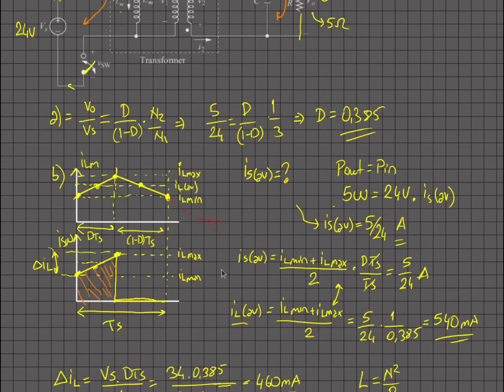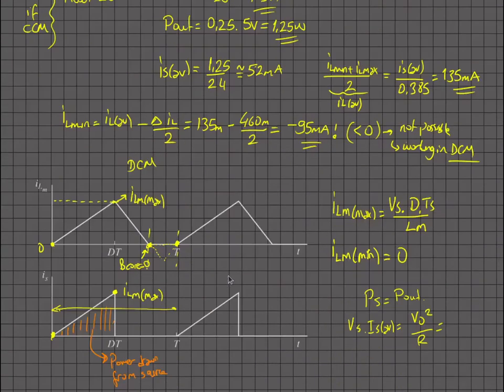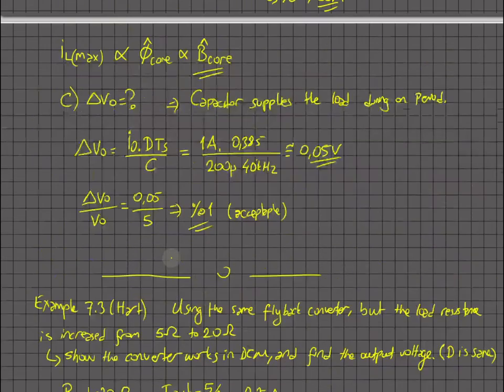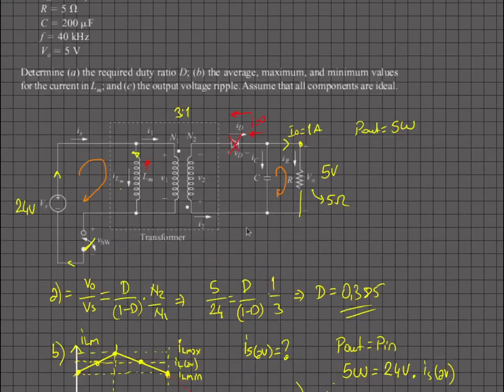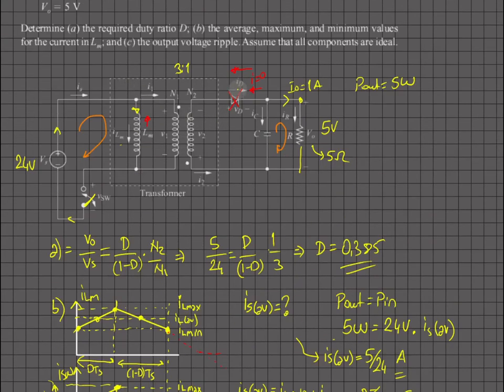However, if you are working in the DCM, your ILM has come down to 0 before we turn on the switch. So the switch will be soft switching, picking up from 0 volts, and you will get rid of those switching losses. That's a good thing. Similarly, you can think the same for the diode.